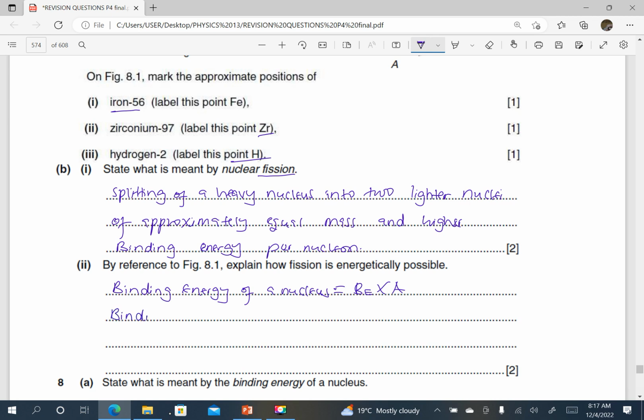Binding energy of the parent nucleus is less than the sum of the binding energies of the, I will call them fragments.